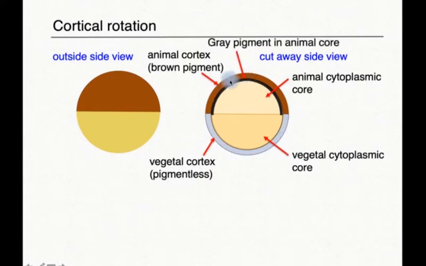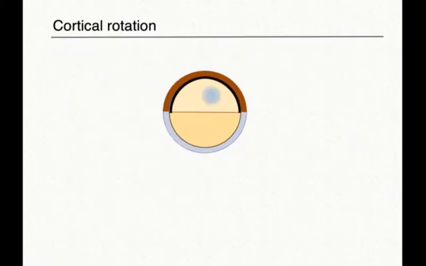Underneath the brown pigment, you have a separate pigment, a gray pigment, which is more attached to, or a part of, the core. So this gray pigment can move separately from the brown pigment. You'll see why that's significant in a second. So here is our egg. Let's say sperm enters the egg right here where this arrow points.